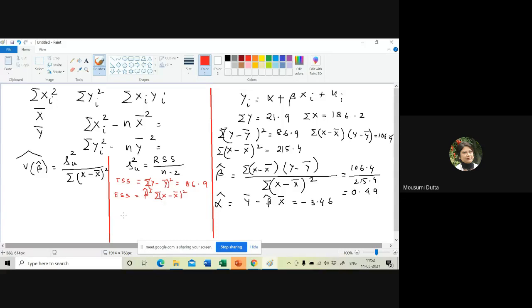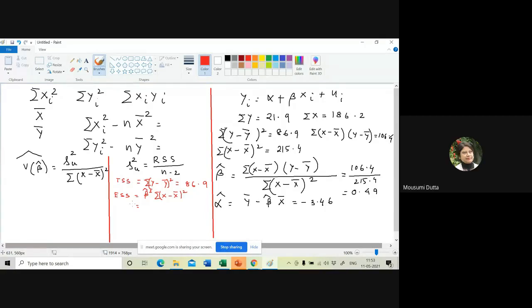Is there any alternative formula? Summation over i of yi hat minus y bar squared. I didn't get the formula, Aratrik, please repeat it once again. Summation over i of yi hat minus y bar squared.